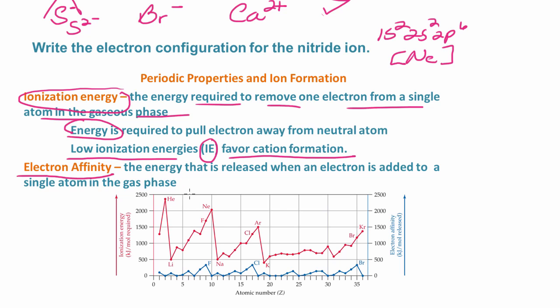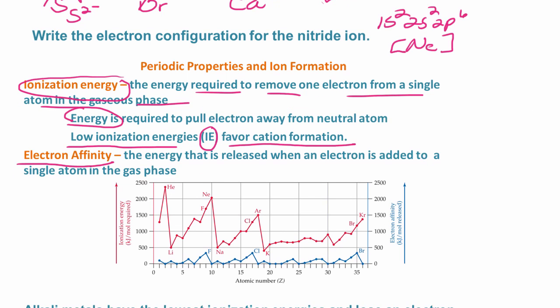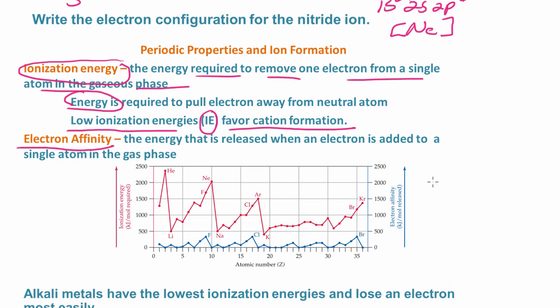That's mainly for those nonmetals, because remember, nonmetals tend to become anions, whereas metals tend to become cations. Nonmetals are going to have much higher ionization energies than the metals. The electron affinity, of course, is going to be higher for a nonmetal than it is for a metal.